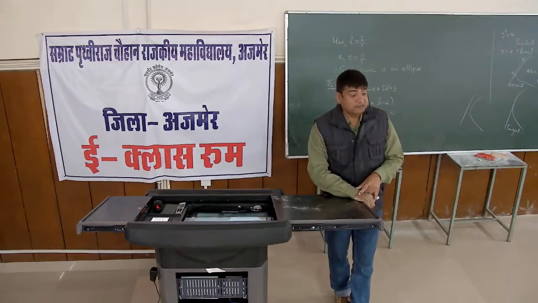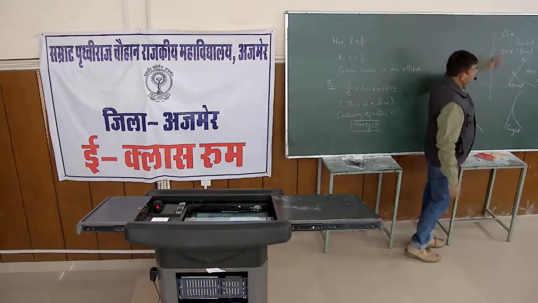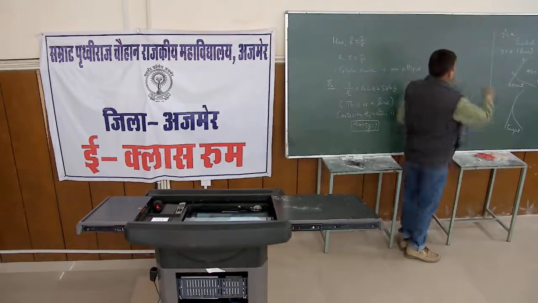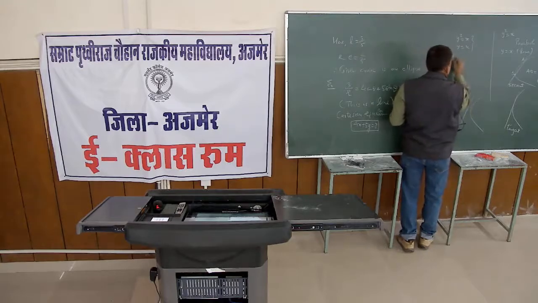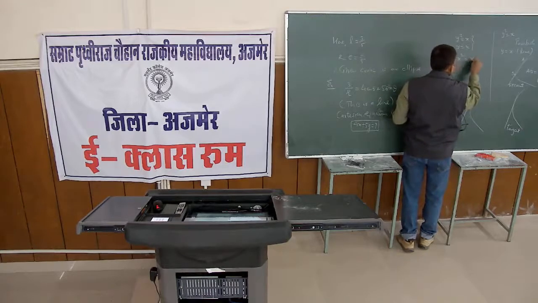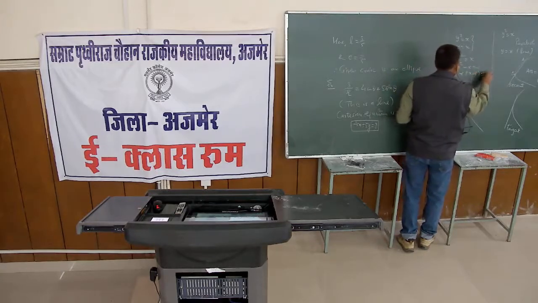Then how to find the condition? If we simplify these two equations, y square equals x and y equals x, we find x square minus x equals 0, x into x minus 1 equals 0, so x equals 0 and 1.